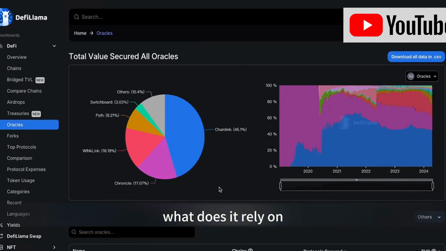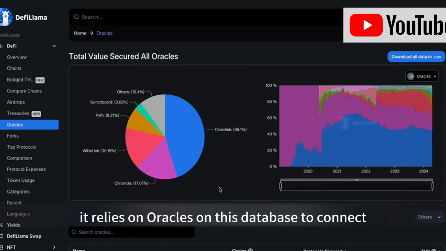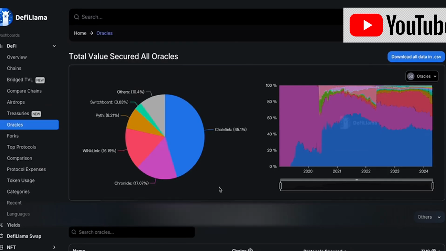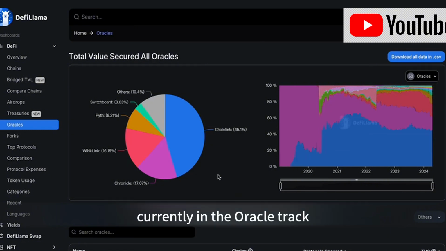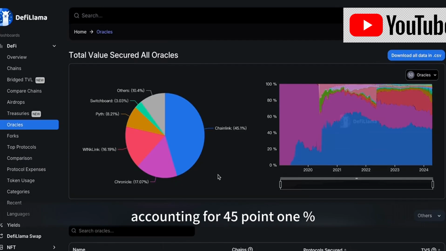What does it rely on? It relies on oracles on this database to connect blockchain and the real world. This is roughly the function of oracles. Currently, in the oracle track, the largest share is Chainlink. It's an established public chain, accounting for 45.1%.